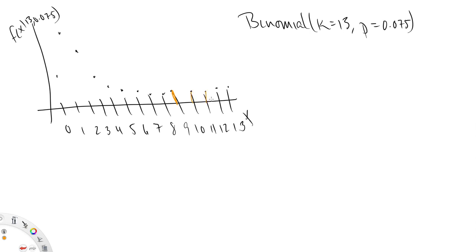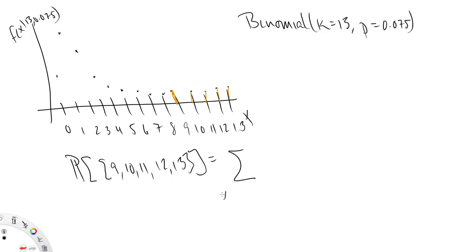more. So now what I'm doing is turning my probability into a set that consists of 9, 10, 11, 12, or 13. And in this case, we're going to sum up across x in the set 9, 10, 11, 12, or 13.